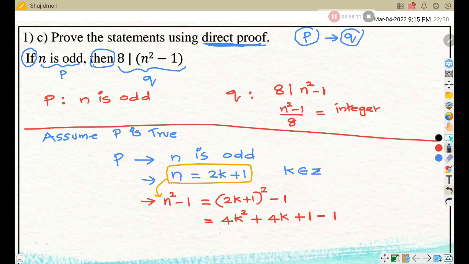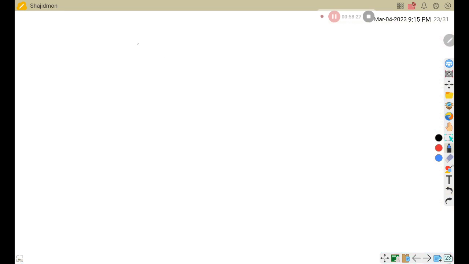Okay, now equal to 4k power 2 plus 4k, here minus 1 and plus 1 we can cancel, correct? It will be 0. So 4k power 2 plus 4k. That means n square minus 1 equals 4k square plus 4k. Take 4k common.